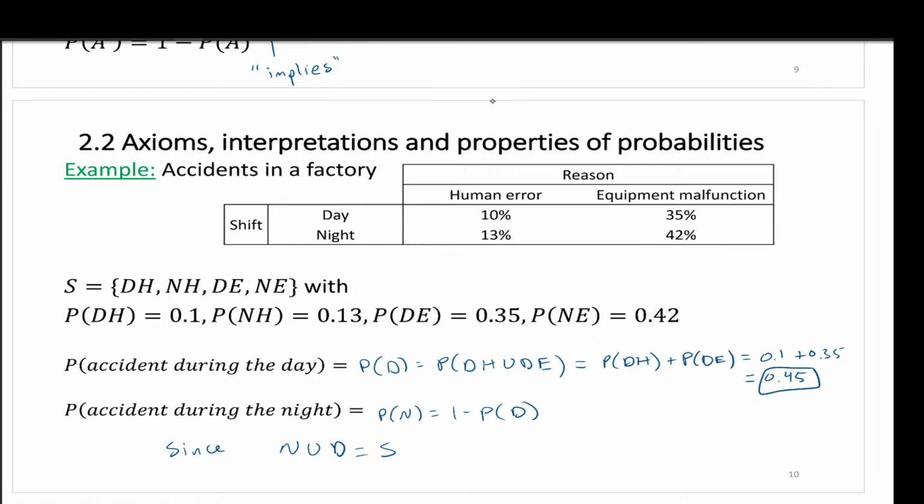You could break it down further into night human, day equipment, etc. But if you just look at night and day, those are your only two options. So the night union day is equal to the sample space. So they're complements. So probability of night is 1 minus probability of day. So that's going to be 1 minus 0.45, which is 0.55.